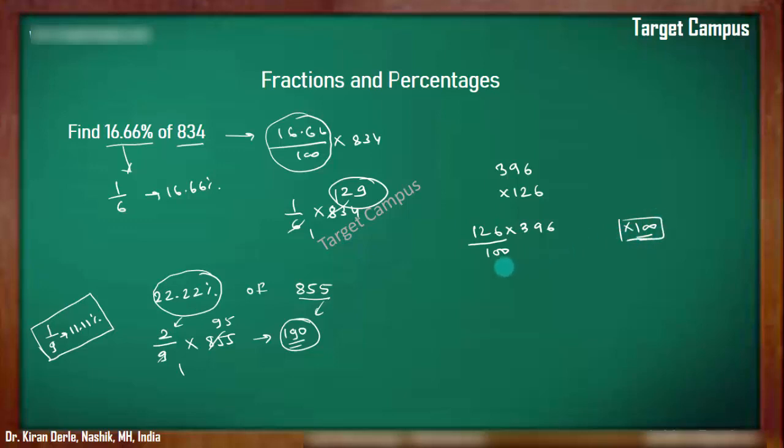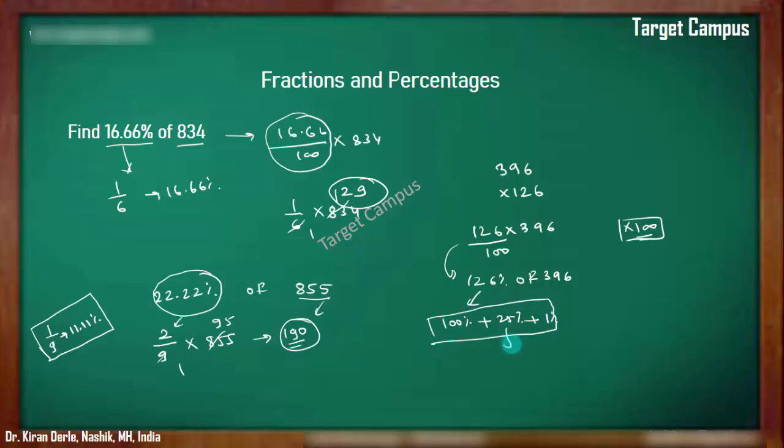Can we tell this as 126% of 396 now? Yes. So 126% is nothing but 100% plus 25% plus 1%. This is what I did, guys.